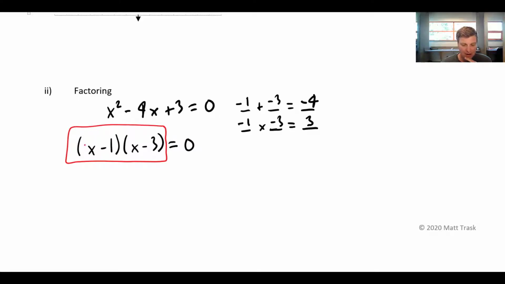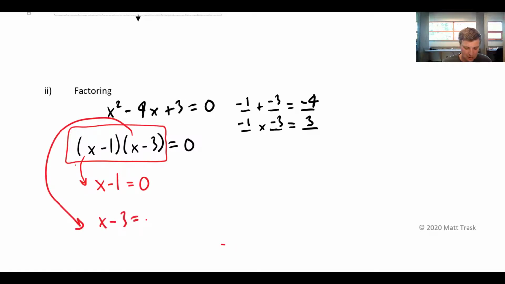If the left bracket equals 0, it doesn't matter what's in the right bracket, because 0 times anything is going to be 0. So either x minus 1 equals 0, or x minus 3 equals 0. Those are two possibilities, and I need to solve both of these individually.